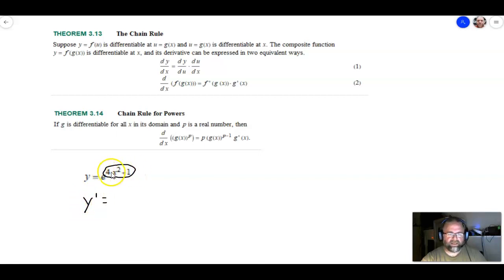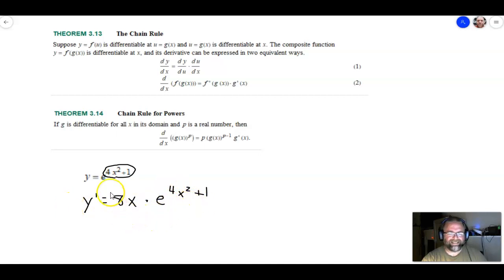So we're going to use the power rule on the inside function: bring the 2 out front, multiply it by the 4, we'll just get 8x, and then times the derivative of the outside function. Remember, the derivative of e to something is just the same thing, e to that something. So it's just going to be e to that same thing there, 4x squared plus 1. That's pretty much it.